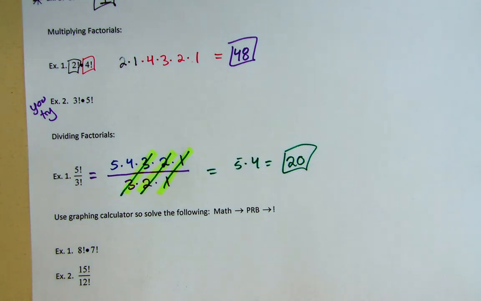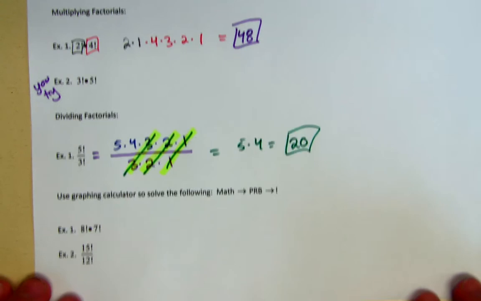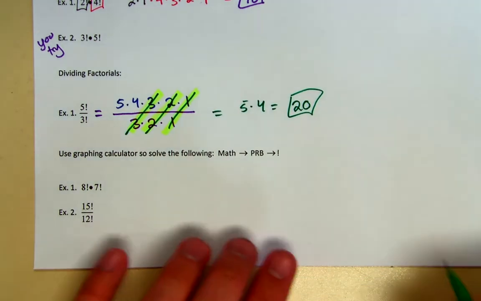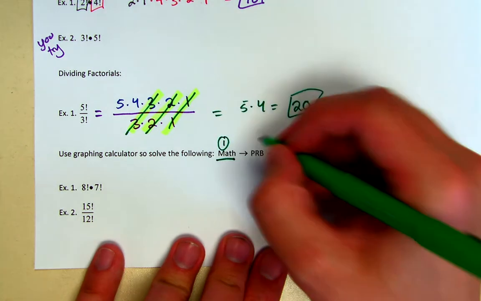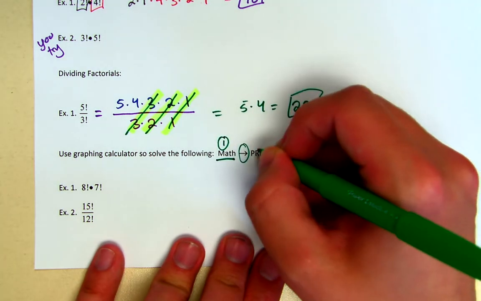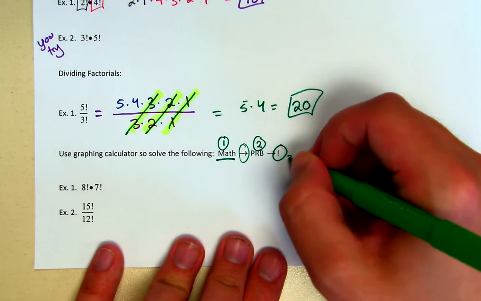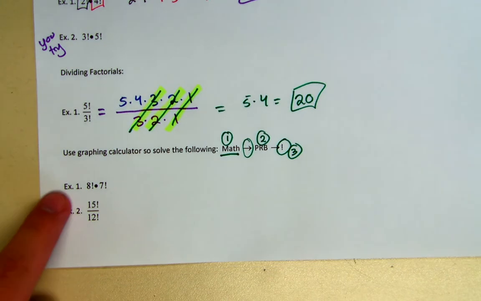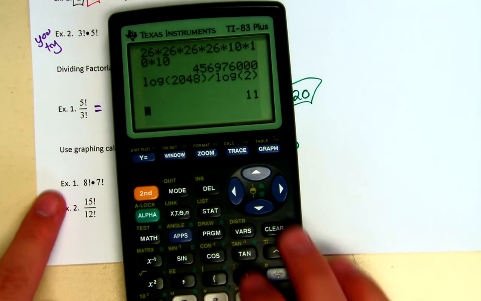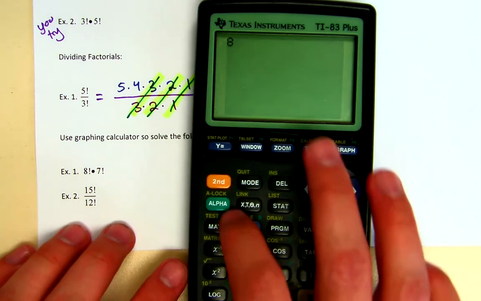Now, of course, it is always important to know how to do these by hand, but we can also use the graphing calculator by going math. So first, you're going to go to math, arrow over to probability, and then there's an exclamation point, and you go that. So let me show you how you would do a problem like example 8. Well, I need to put the 8 in first. Now I'm going to go to math.